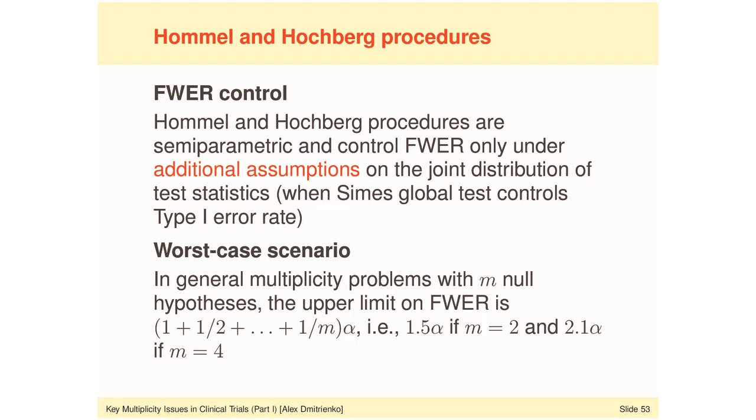Very quickly, if the number of comparisons is 2, that is if m is equal to 2, then in the worst case scenario, the family-wise error rate can be as high as 1.5 alpha, which means that the family-wise error rate can be inflated by 50%. And with 4 hypotheses, when m is equal to 4, the maximum amount of family-wise error rate inflation is 2.1 alpha, which means that the family-wise error rate can be inflated by as much as 110%.